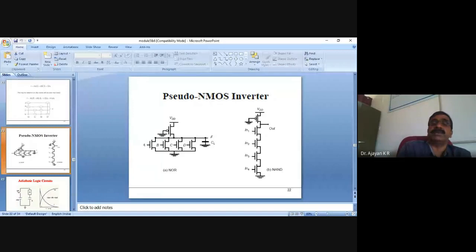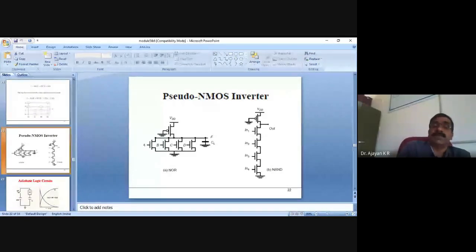So this will be in saturation. So this transistor is always in saturation, and the transistor will be driving the load capacitance CL all the time.